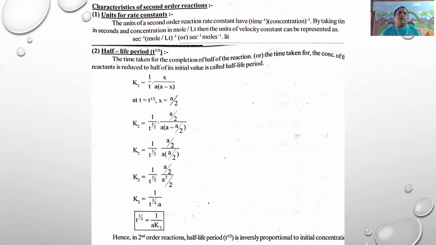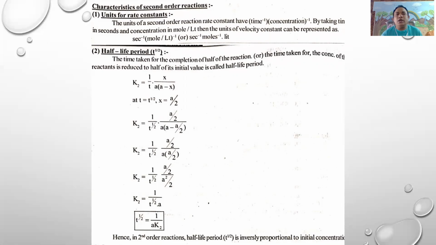Next, the characteristics of a second order reaction. First, the units for a second order reaction are derived from the second order rate constant equation K2 equal to 1 by t into x by a into (a minus x). From this equation, K2 equal to 1 by seconds into moles per liter by moles per liter into moles per liter.